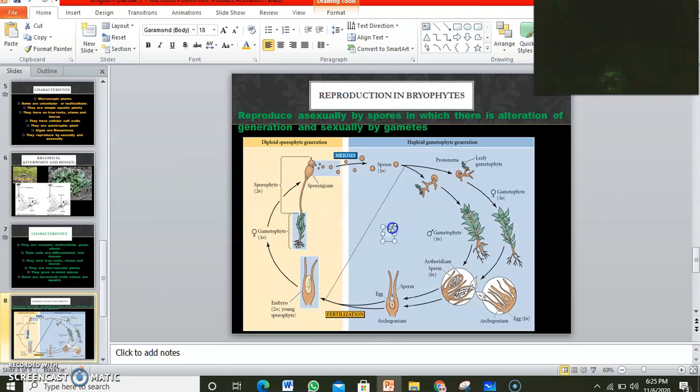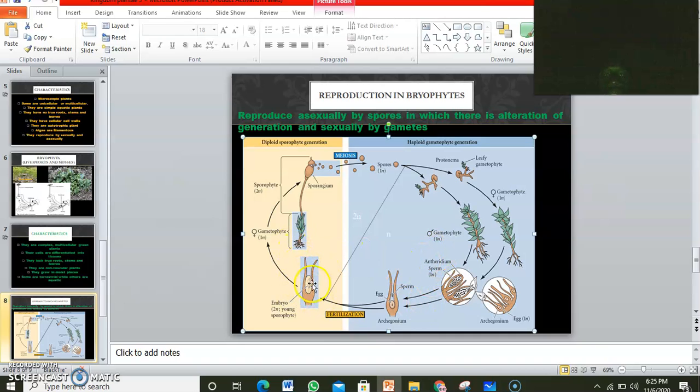The other one is the diploid generation. This is the diploid generation, because here we have sperm and egg cell fused together to give us two sets of chromosomes, but this one has only one set of chromosomes.